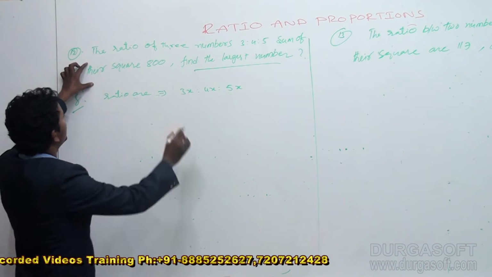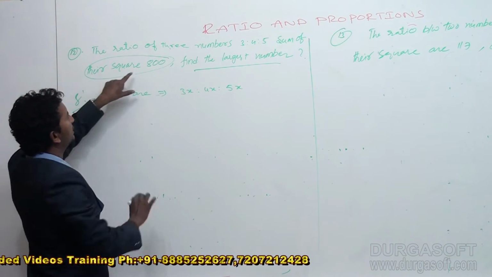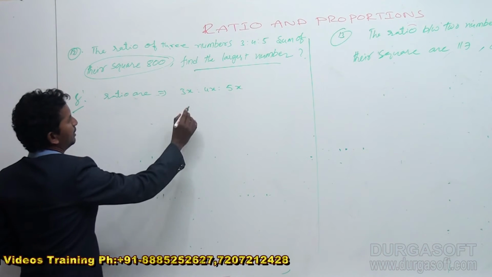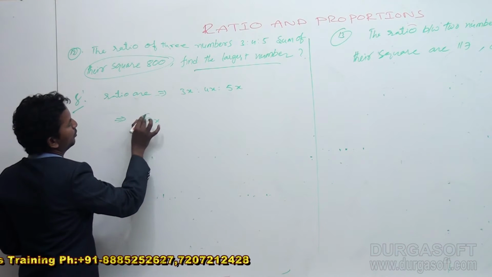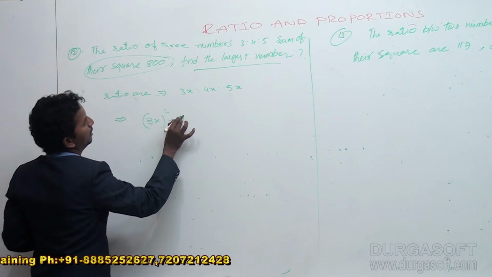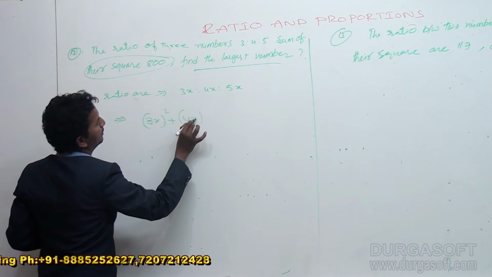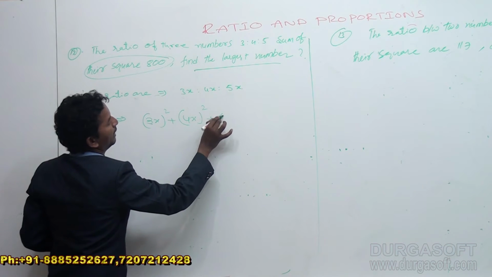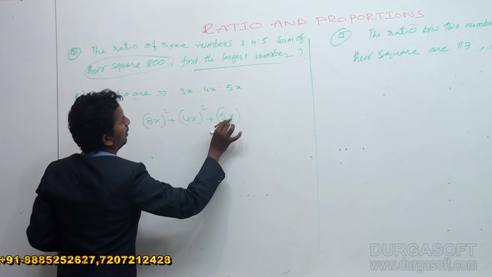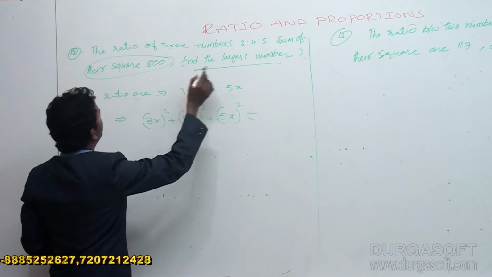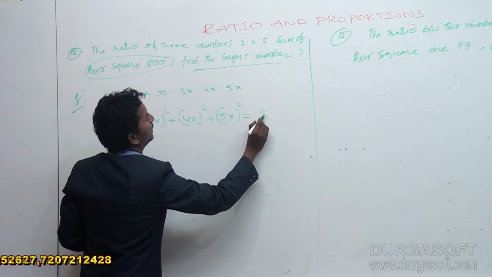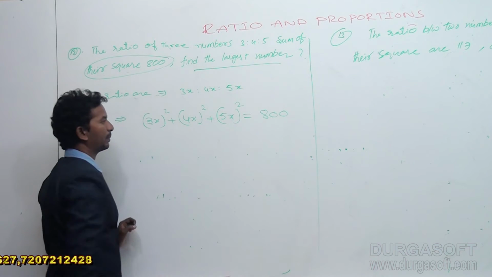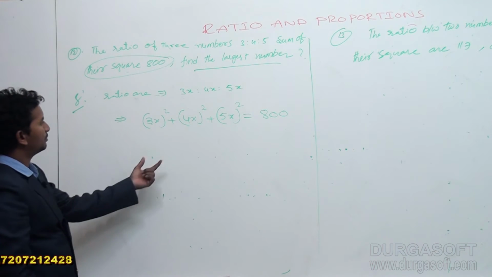The sum of their squares is 800. Now the sum of their squares is 3x square plus 4x square plus 5x square, and the sum of their squares is 800.